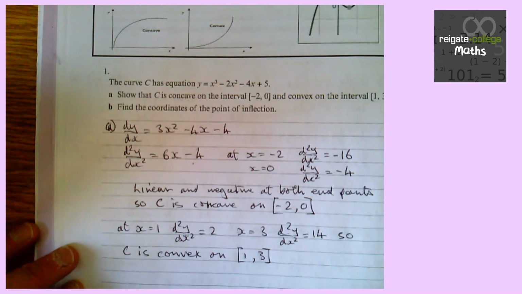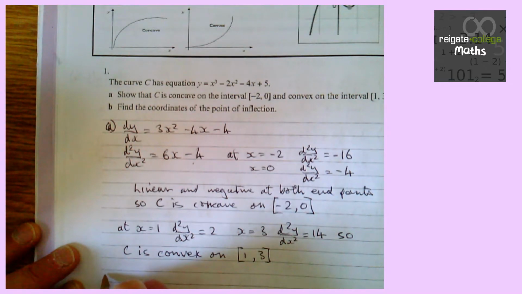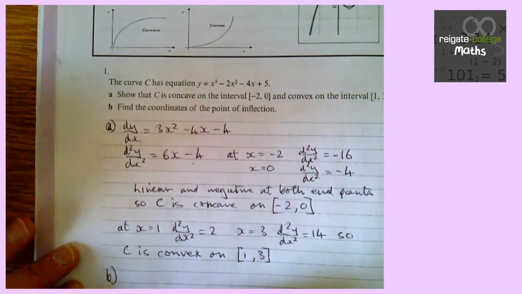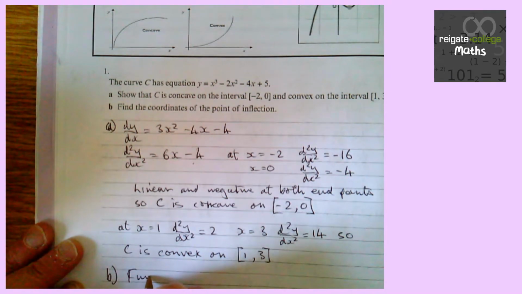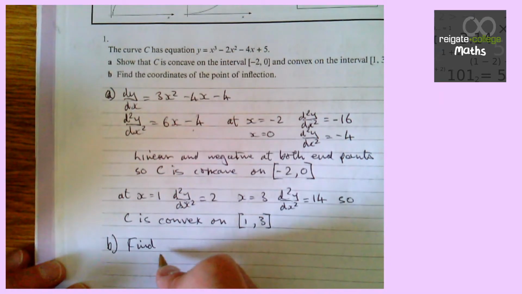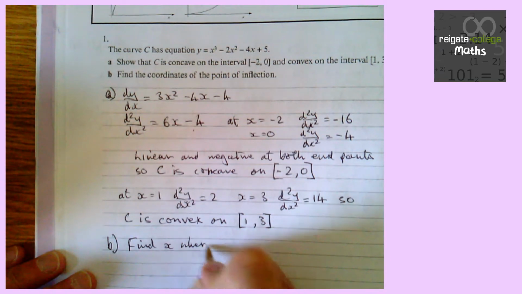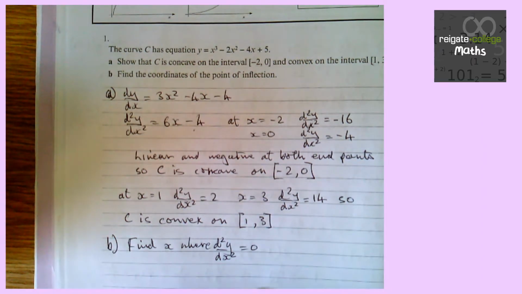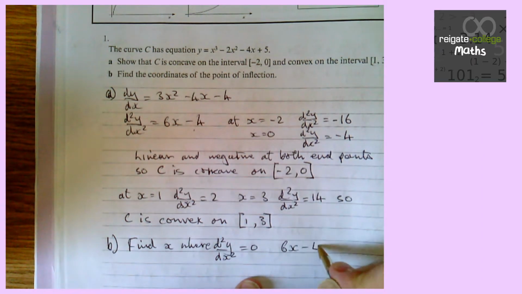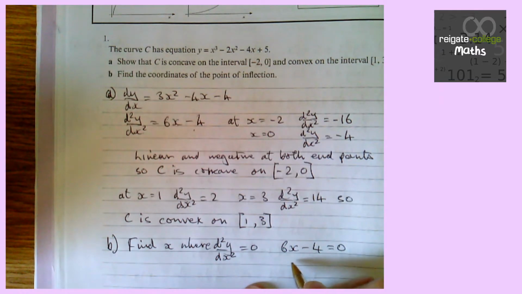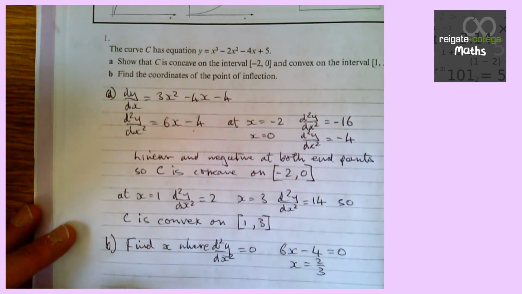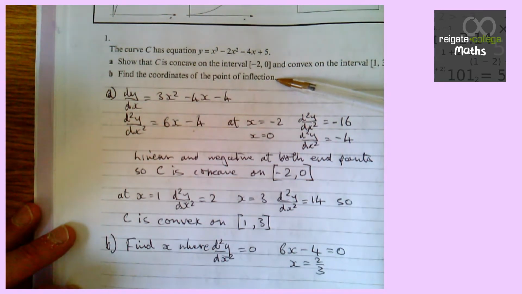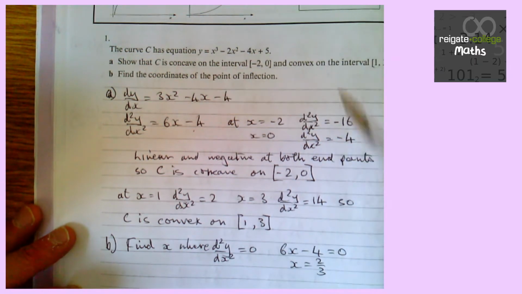So let's look at part B. Find the coordinates of the point of inflection. Find x where d2y by dx squared is equal to 0. Well, that means 6x minus 4 equals 0. So x is equal to 2 over 3. So that's the x value at this point of inflection. We need the coordinates.